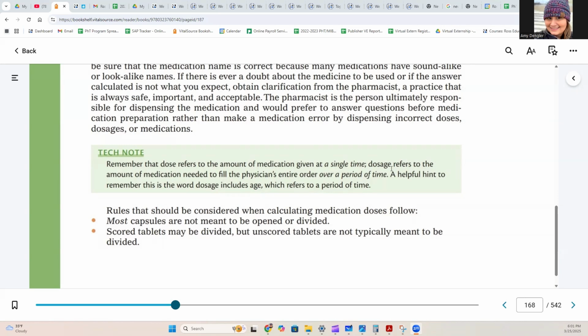Rules that should be considered when calculating medication doses follow. Most capsules are not meant to be opened or divided. Scored tablets may be divided, but unscored tablets are not typically meant to be divided.